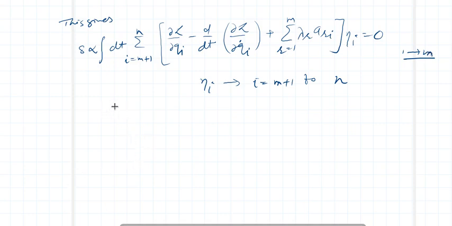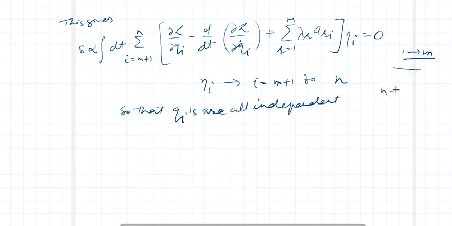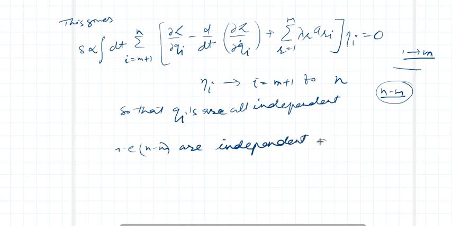So that the q_i's are all independent for this case, because n minus m are independent q's.